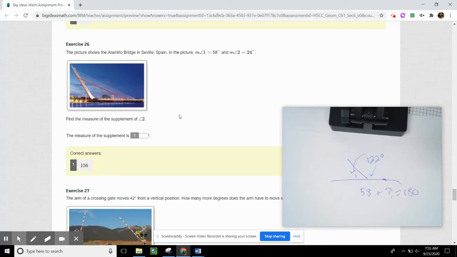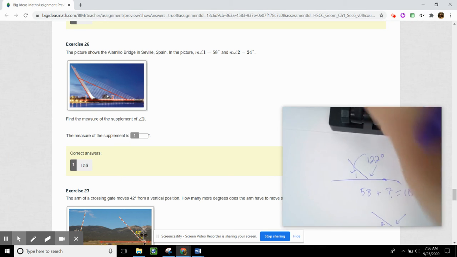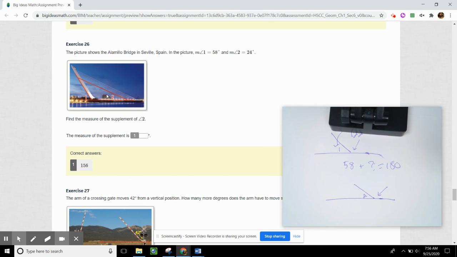Same bridge, same picture, but now we're talking about find the measure of the supplement of angle 2. So here's angle 2. Okay, it's over here. And so we're looking at this angle now. And we know that angle 2 is 24, so I'll do 180 minus 24. And that's 156.